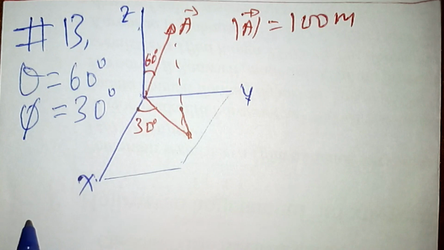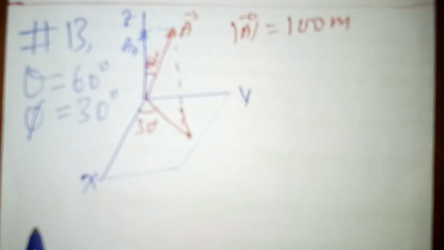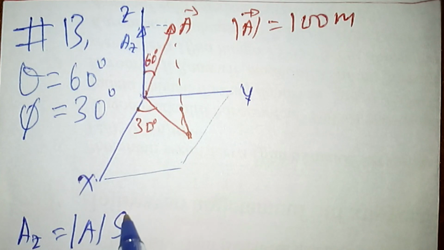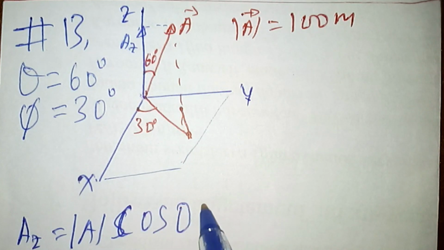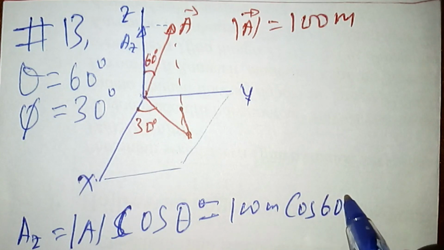Then we can easily calculate the component of vector A along the z-axis, which is AZ. AZ is equal to the magnitude of A times cos of theta, which is 100 meter times cos of 60 degrees.